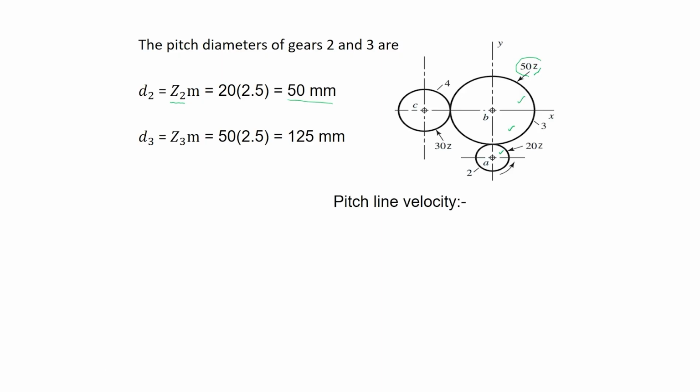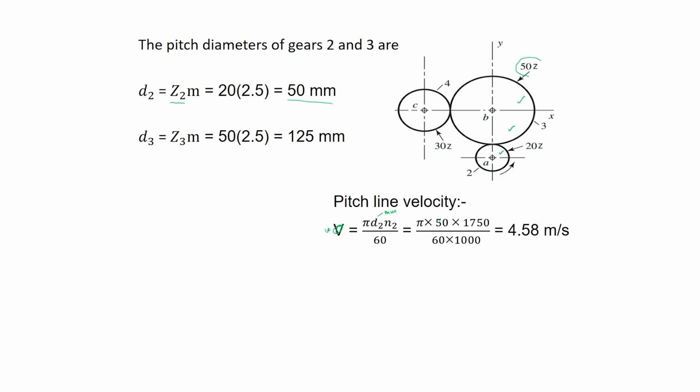Now, pitch line velocity V is given by pi d2, the pitch circle diameter of the pinion, multiplied by the RPM of this pinion, the second member, divided by 60, when d is in mm.